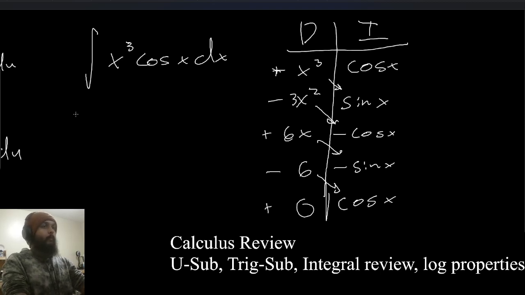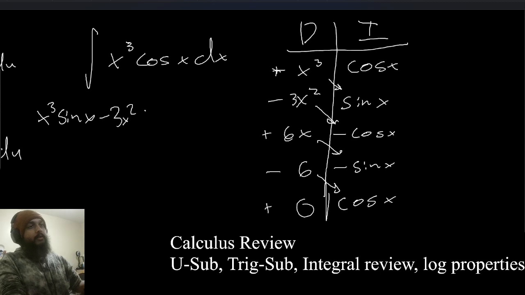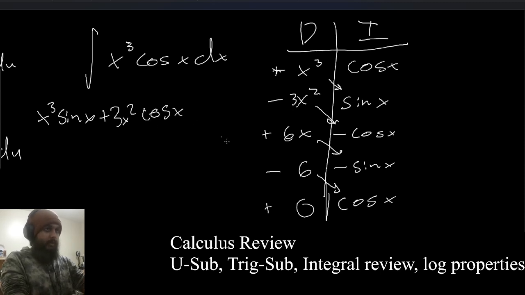So the result would be x cubed times sine x, and then minus 3x squared times negative cosine x, and negative times negative is positive, so plus 3x squared cosine x.